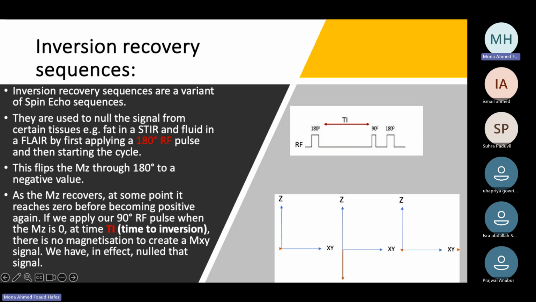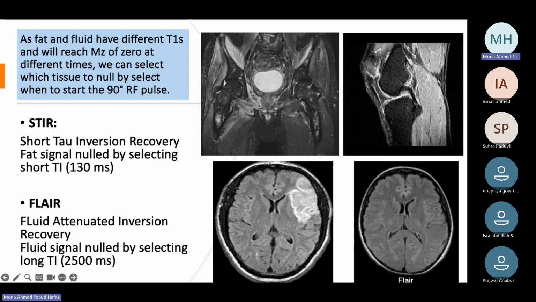When they reach the 0 point, there will be no signal within MZ or MXY. There will be no signal from that organ. So at that time, we start to take the image by applying the 90-degree pulse. Fat and fluid have different TI.